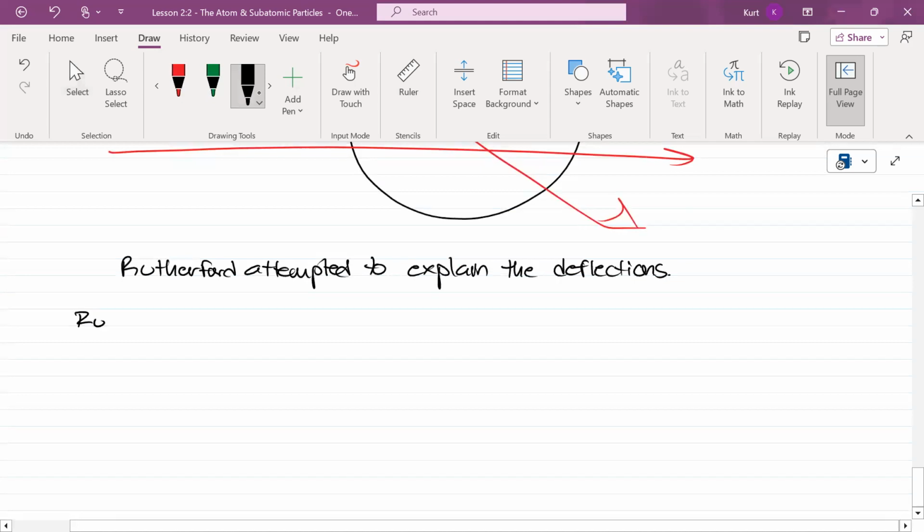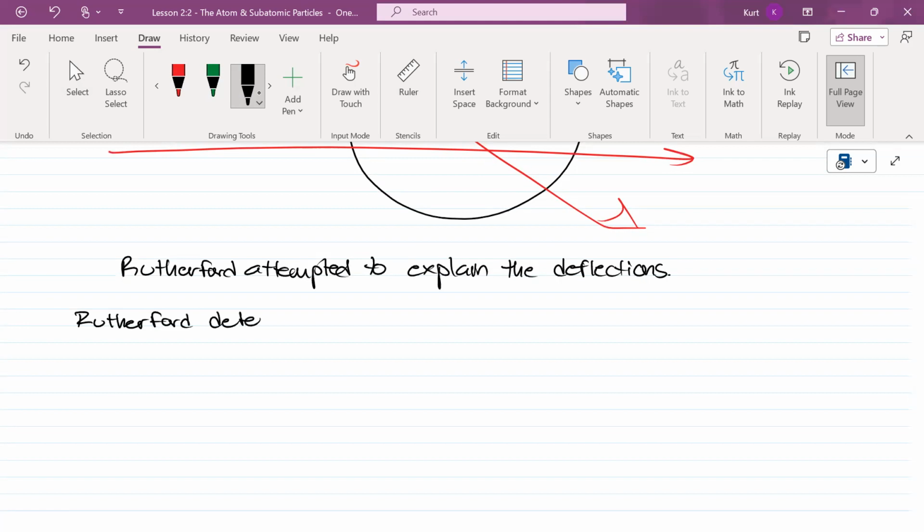So Rutherford determined J.J. Thomson's plum pudding model was incorrect.